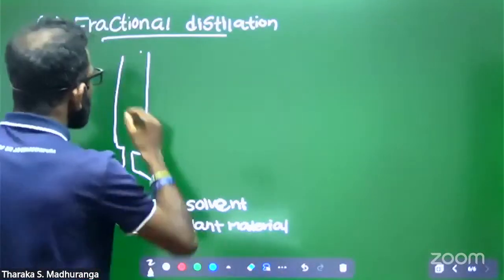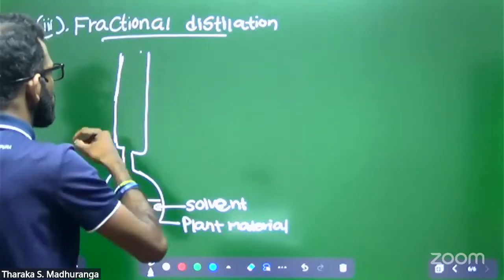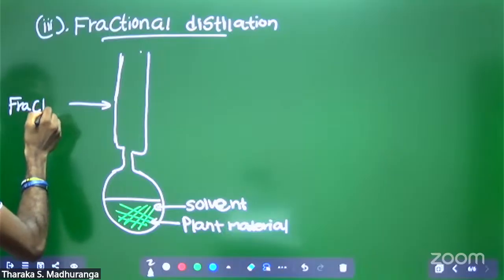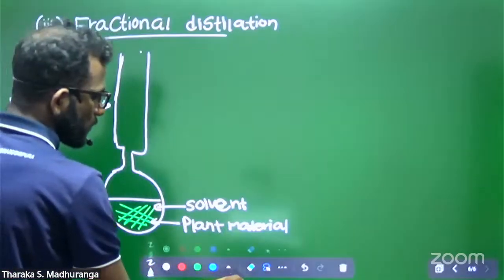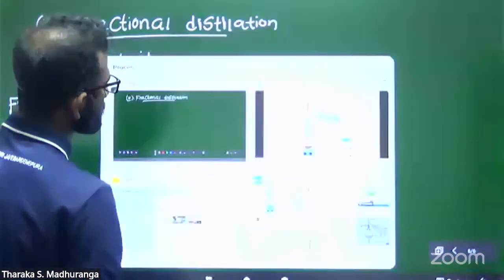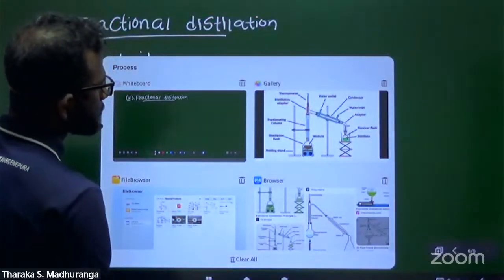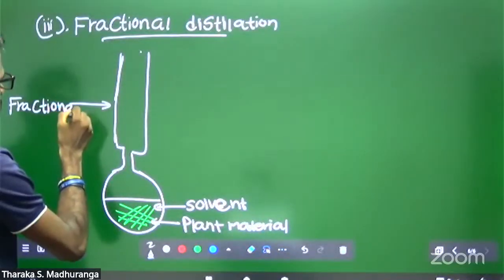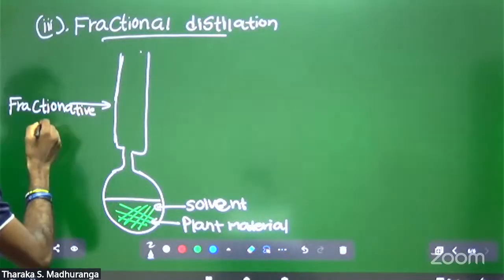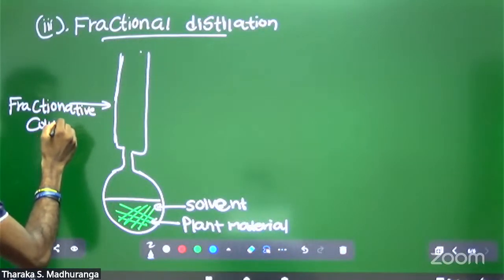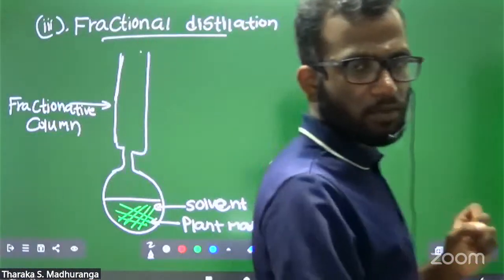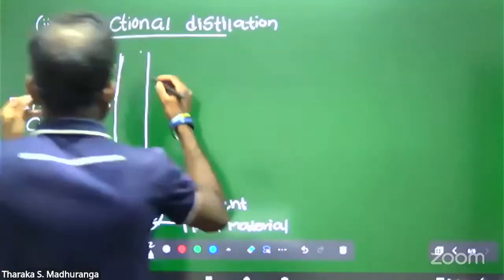The column we call the fractionating column.